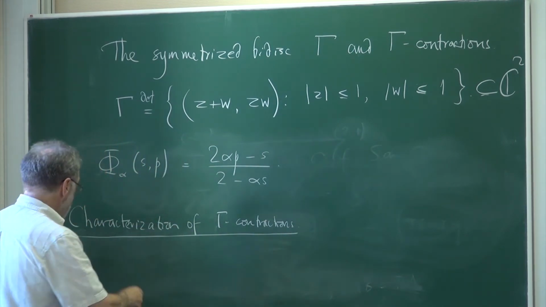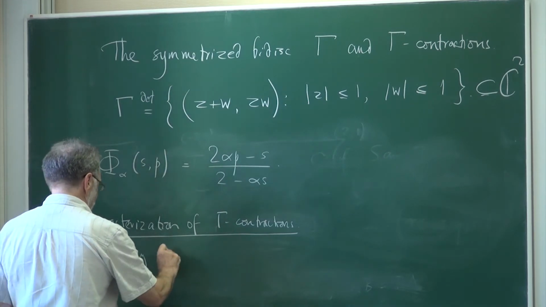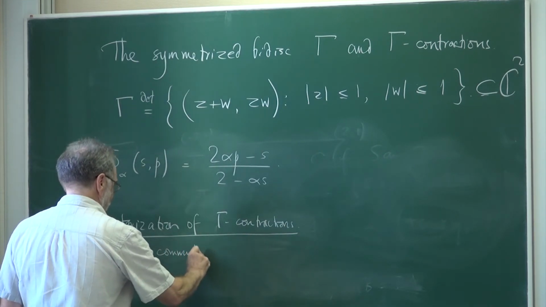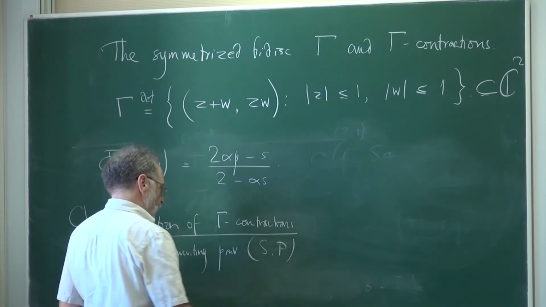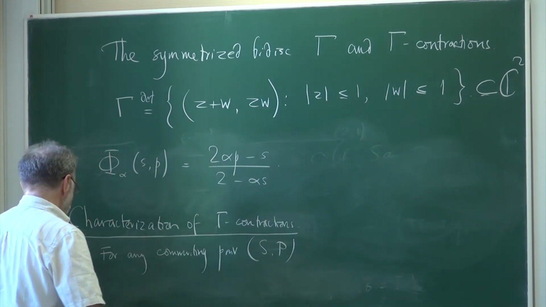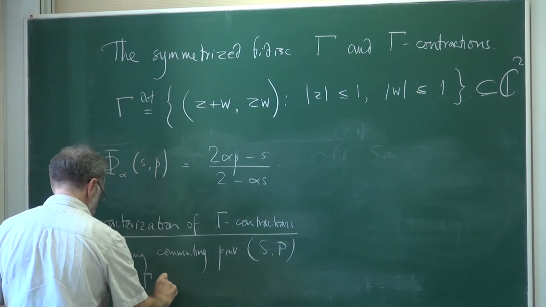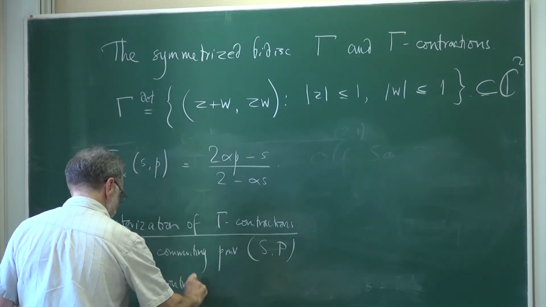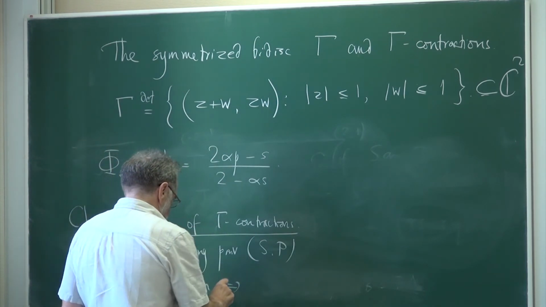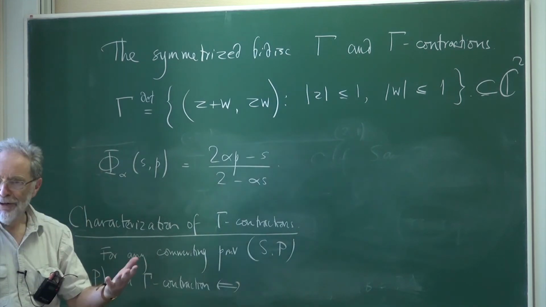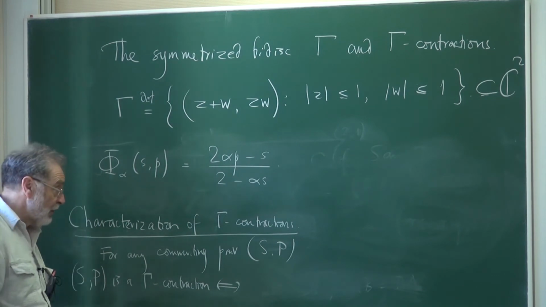For any commuting pair (S, P) of operators on Hilbert space, (S, P) is a gamma contraction if and only if the following holds. So this is going to be the analog of 1 - T*T is greater than or equal to 0. So that's just a single kind of polynomial inequality.